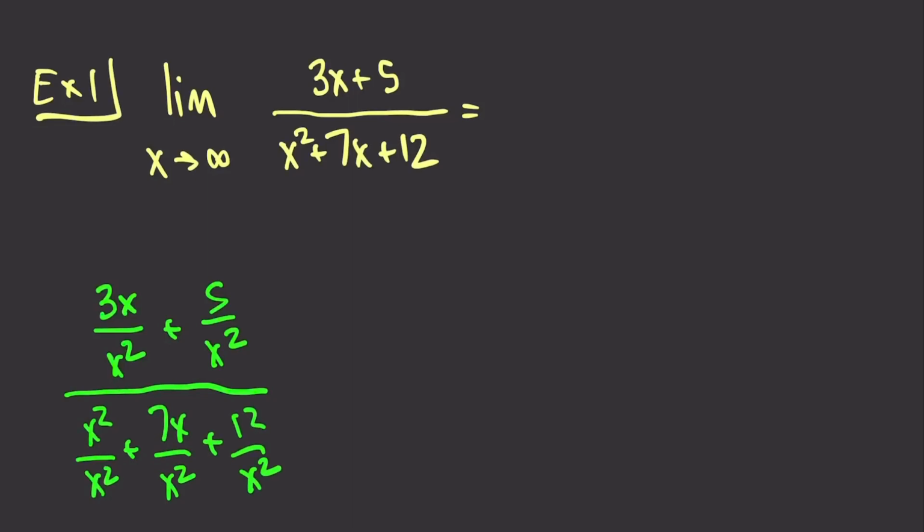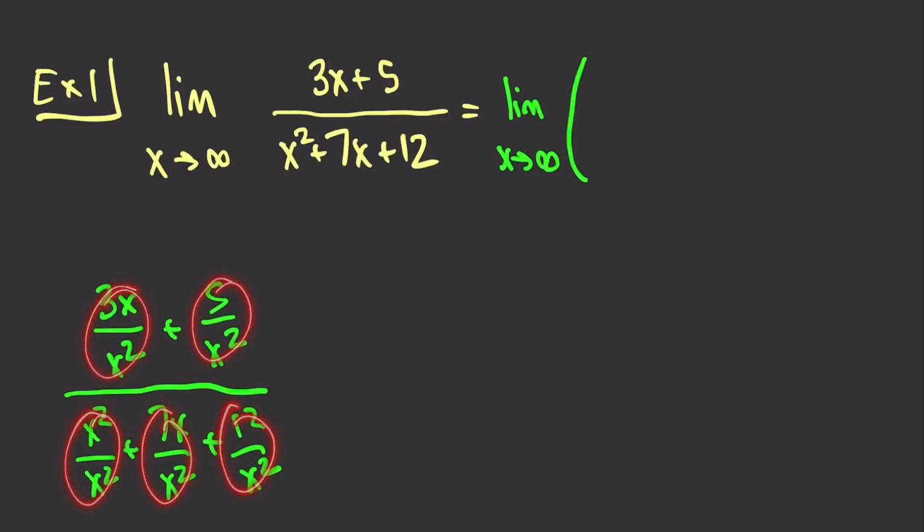So now I'm going to simplify this expression as much as possible. I'm going to bring it back up here. I'm going to take the limit as x approaches infinity of the expression I get when I simplify these terms as much as I can. In the first one here, this x would cancel with one of those, so that's going to give me a 3 over x.